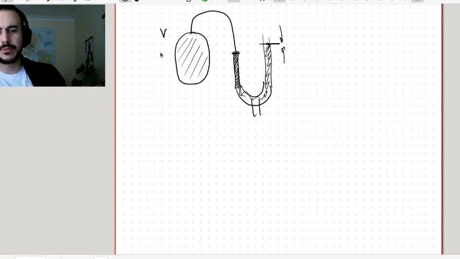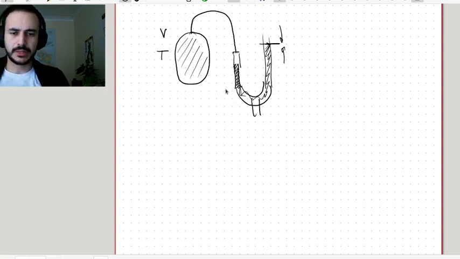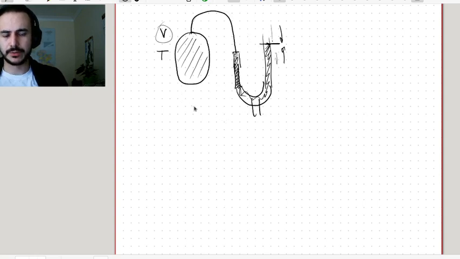Imagine that the temperature goes up, so the pressure goes up, and then this gas pushes against the mercury, and it moves the level of mercury down a little bit, so that the gas effectively occupies a larger volume. Then your job was to put the mercury back in place by moving the container of mercury here up and down and keep the volume constant. But then this thing would move up and down.